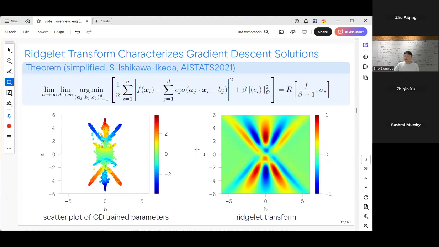In this sense, understanding the parameters of a neural network is transformed to understanding the Ridgelet transform of a function f. What I want to say here is that the neural network parameter is considered to be a sort of black box. But if you know the Ridgelet transform, it's not much like a black box because it's just an integral transformation of the original function f, right? So that's a motivation to investigate the Ridgelet transform.